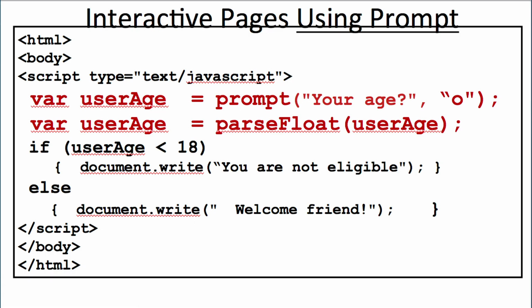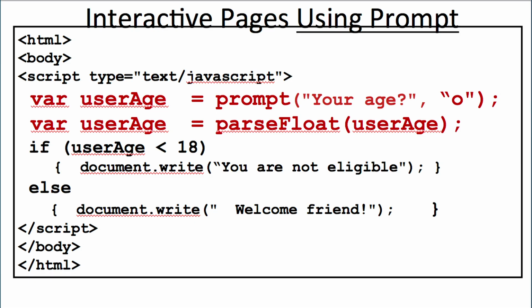Now in the second line see userAge equals parseFloat userAge. So in this line the input userAge will be converted into float. Suppose the age of a person is 22 years 6 months, then 22.5 will be transferred to the userAge variable, and then we compare with 18 here.